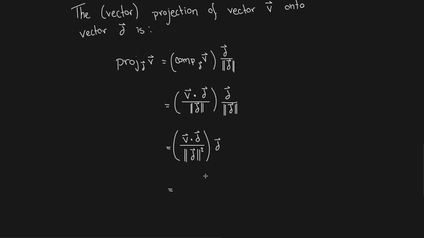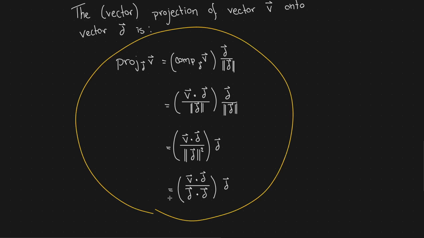And then one other way you'll frequently see it, remember if we take the norm of a vector squared, it's the same as the dot product of that vector with itself. Okay, so all of these are equivalent ways to calculate the orthogonal projection of vector v onto vector d.